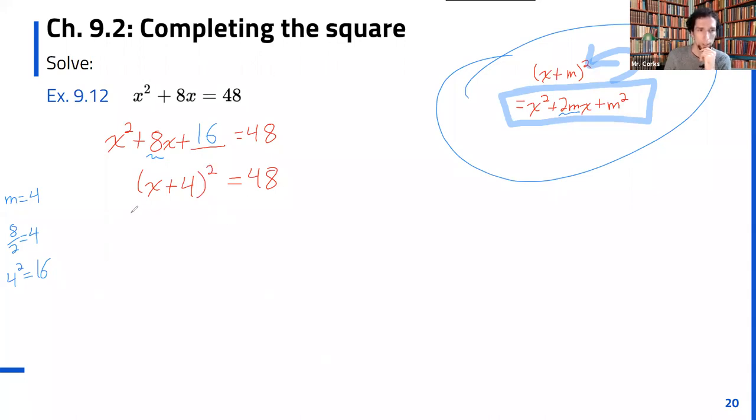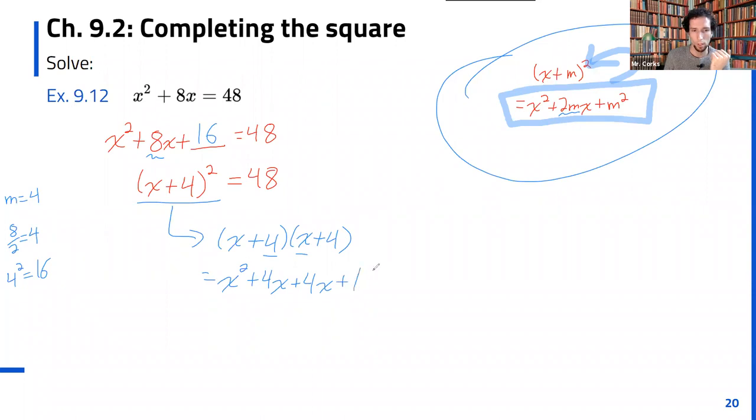So let's write this out and convince everyone that this is actually true. x plus 4 squared is x plus 4 times x plus 4. So that is x times x, x squared, x times 4, 4x, this other 4 times this other x, 4x, and then 4 times 4, 16. Simplify: x squared plus 8x plus 16.